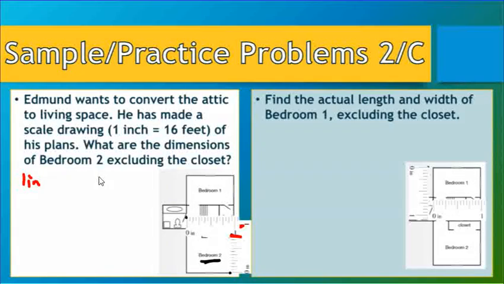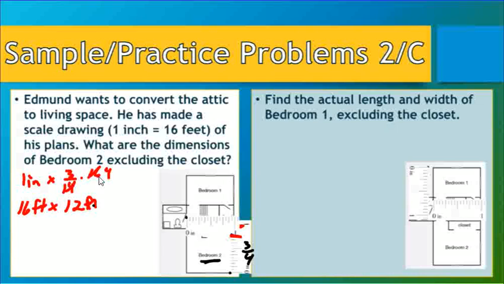So we're about 3/4 of an inch right here. So 1 inch by 3/4 of an inch. Since 1 inch is 16 feet, we would multiply this by 16. That would give us 3 times 4, which is 12. So we would have a 16 by 12 foot room.